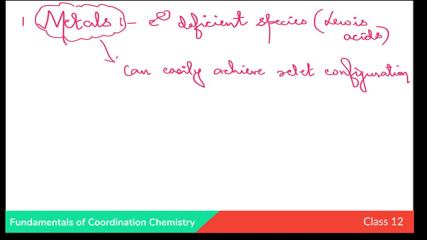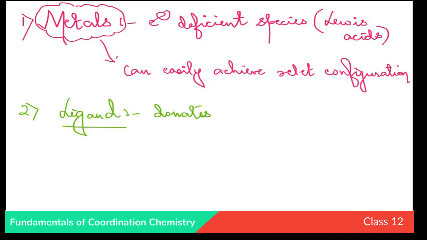The second thing which we require is a ligand. Now, a ligand is a substance which donates electrons. Ligands are species that donate electrons, so we can write that they are electron rich, right?